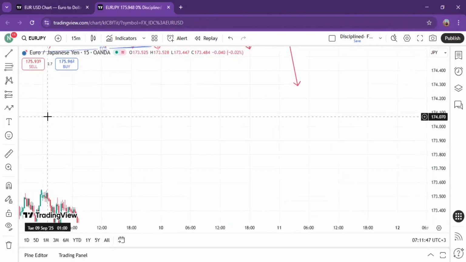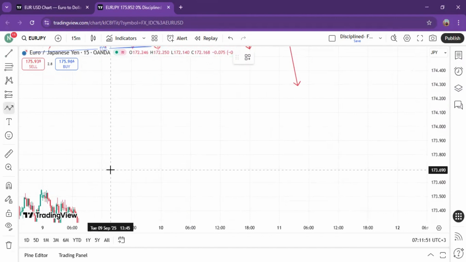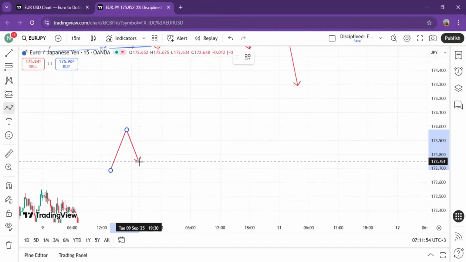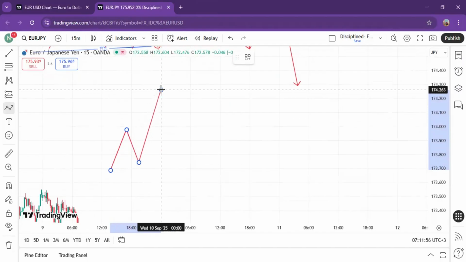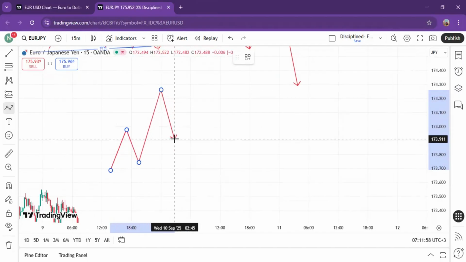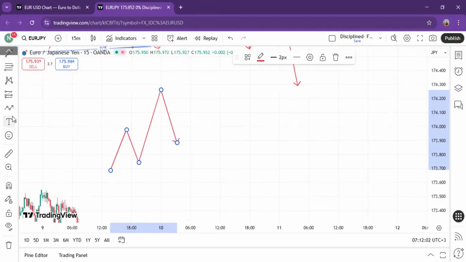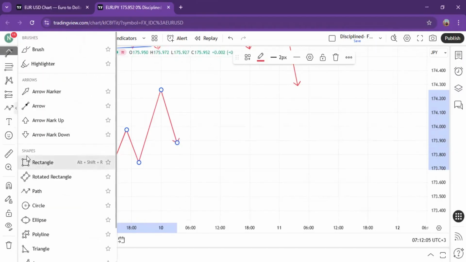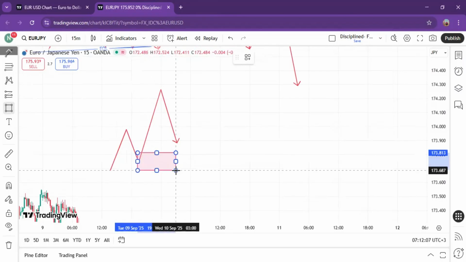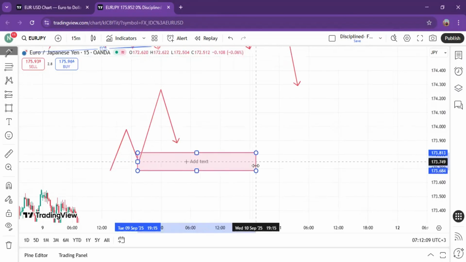Then we have the buy side and the sell side liquidity. When it comes to the buy side liquidity and the sell side, we have our point of interest at this point.